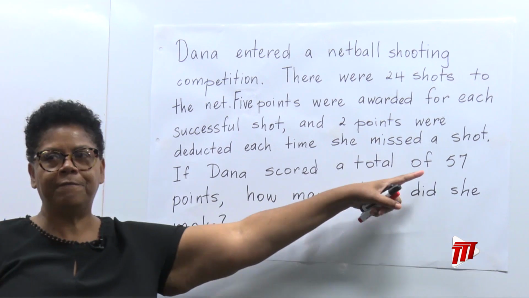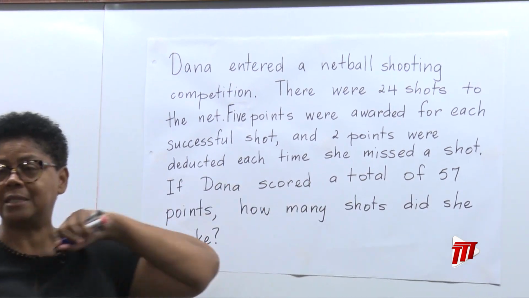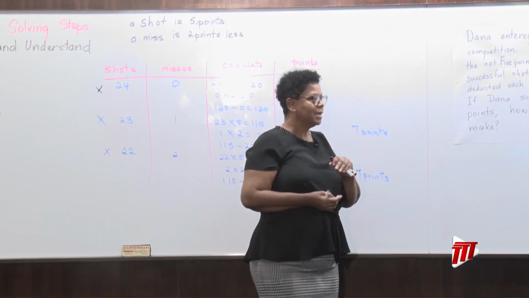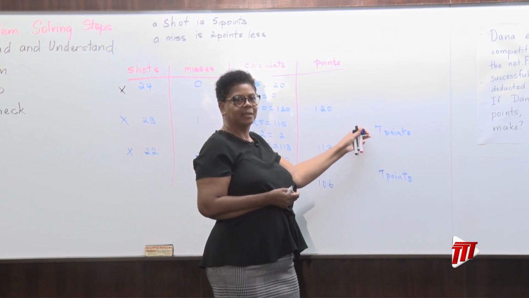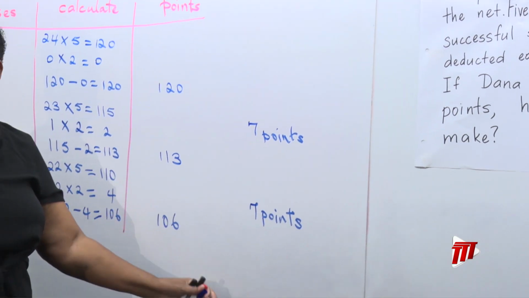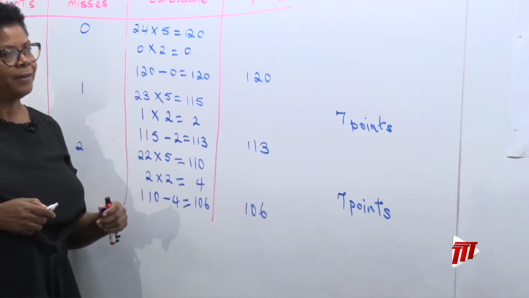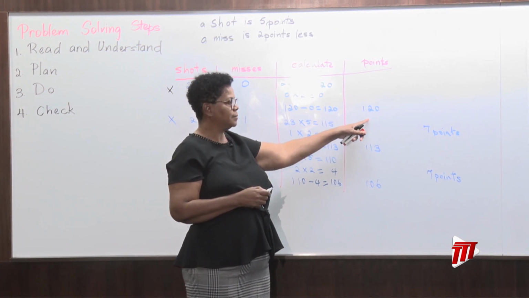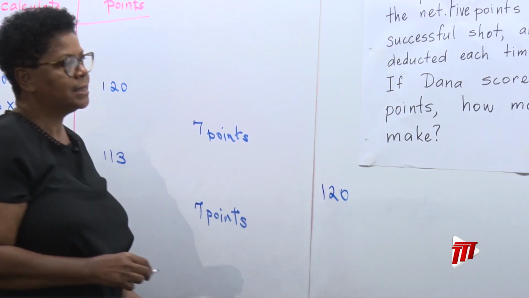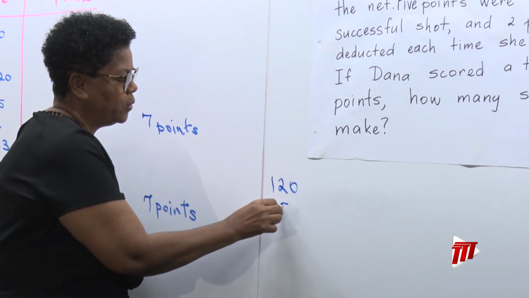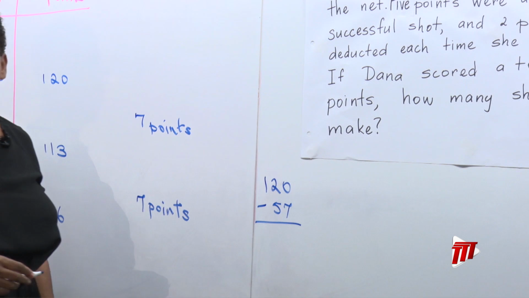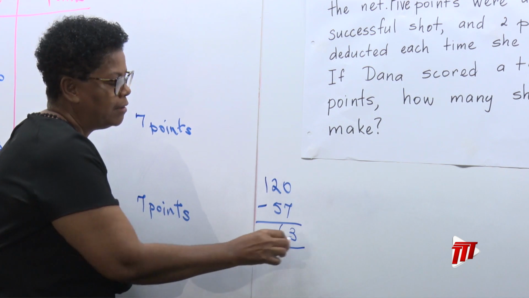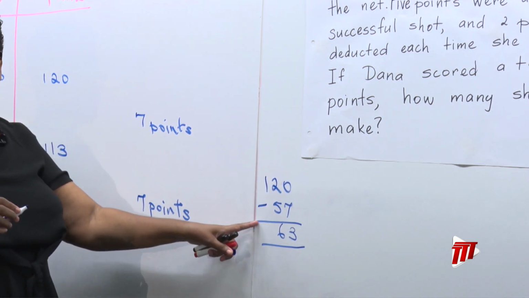If she scored 57 points, it meant that she would have lost a certain number of points. And that certain number of points would have been in multiples of 7. So we can find out how many points she lost from the total amount of points, which is 120. From 120, we can subtract the 57 points that she made, and that is going to give us 63. So she would have lost 63 points.